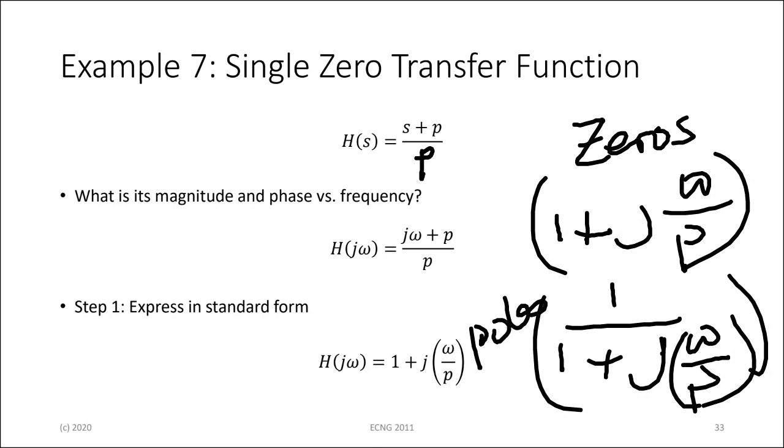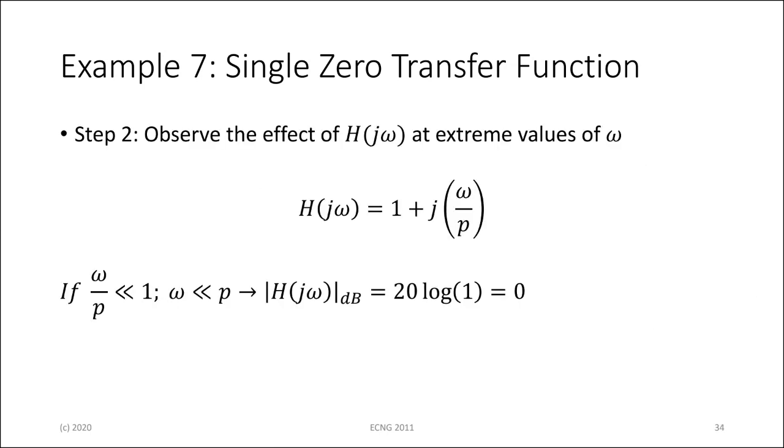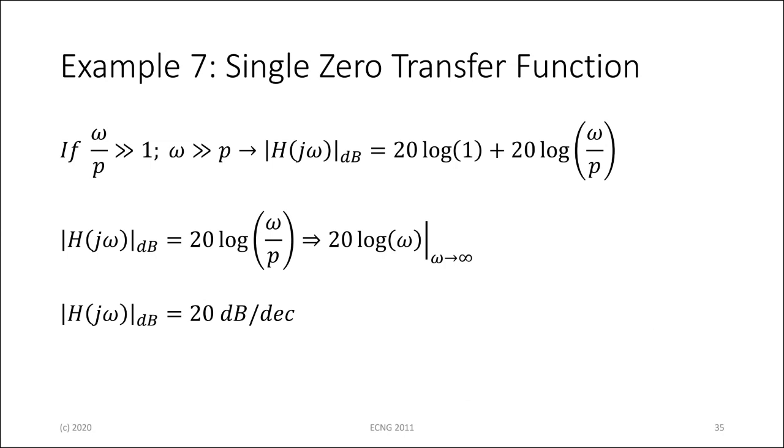When it is much greater than P, the omega over P part dominates. Right? So the response becomes a normal zero, which will increase at 20 dB per decade. And so you have that, we went through that.